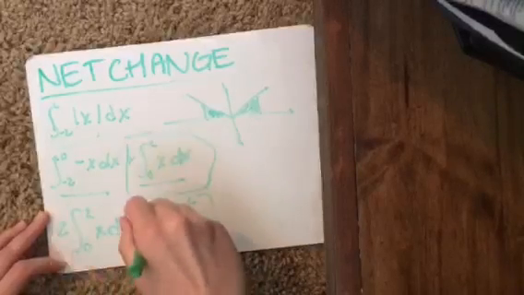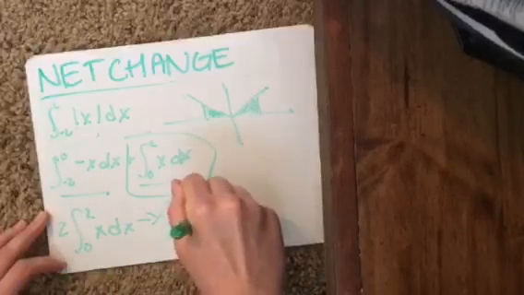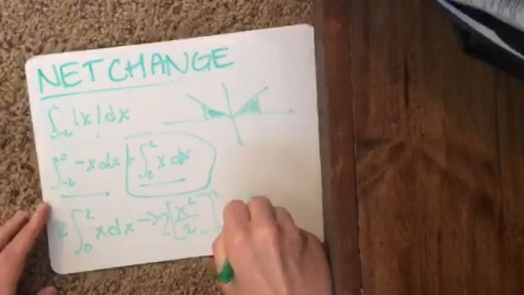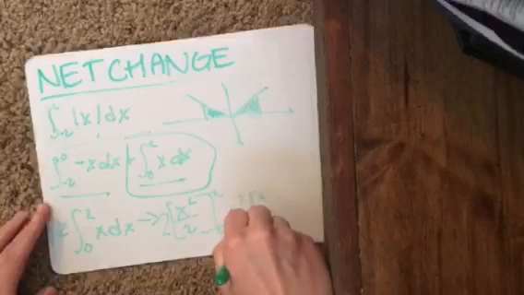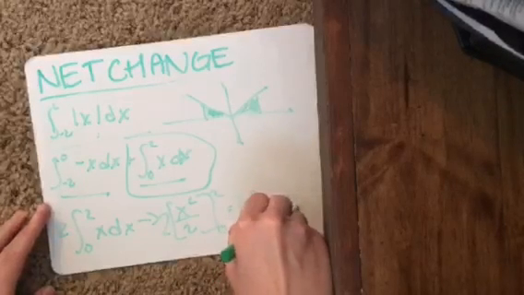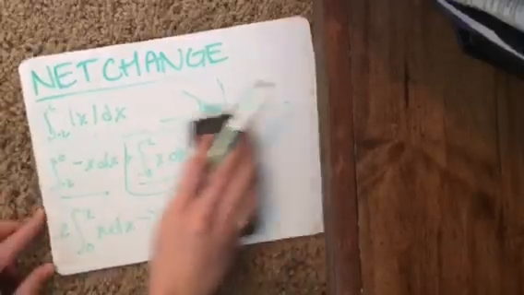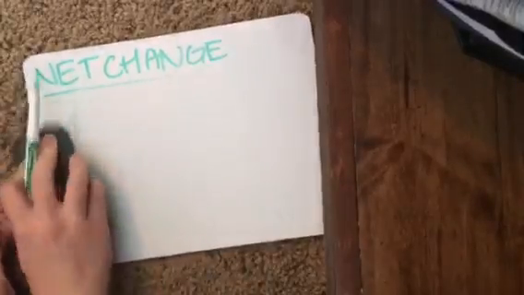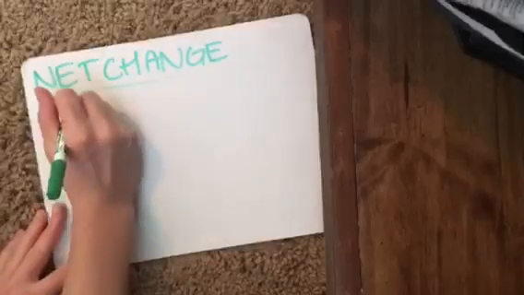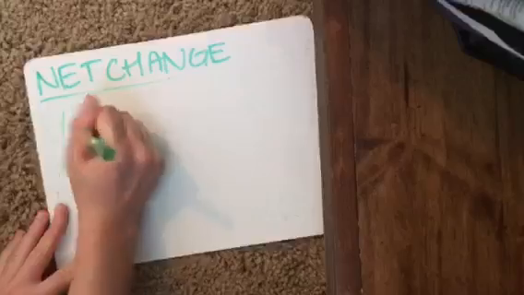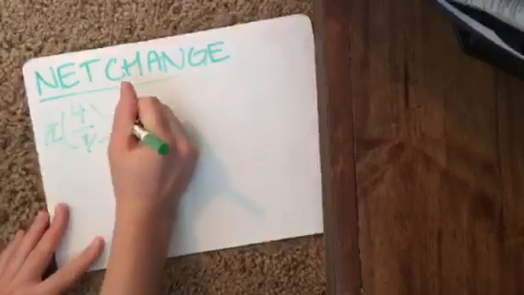And don't forget, you have to multiply that all by 2, and it's going from 0 to 2. And that's going to equal 2 times 4 over 2 minus 0 over 2. Now that is going to simplify out to 4 over 2 times 2, cross those out, and the area is 4.